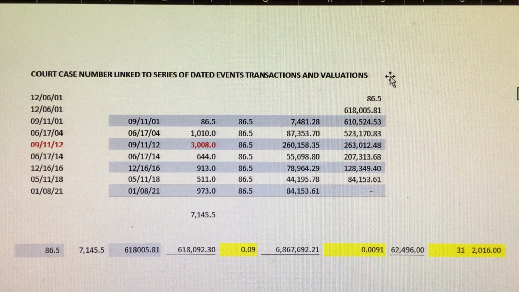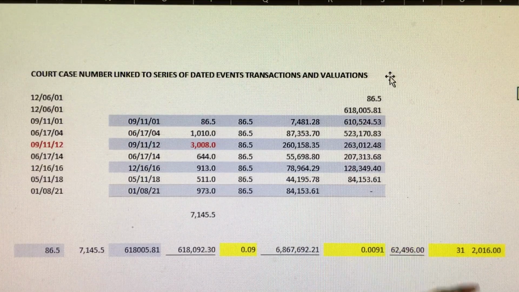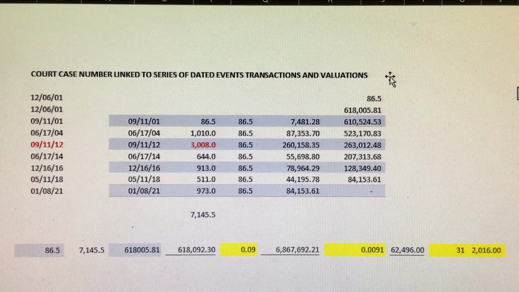And then what we did was, if you just follow me and don't question this for a moment, we capitalized that amount by 9.09, which gave us 6.867 million. Then we factored it by 0.0091, which gave us an installment of 62,496. Divided that by a factor of 31, it left us with 2016.